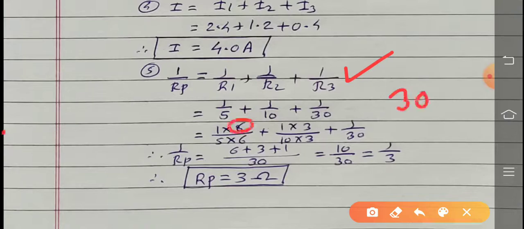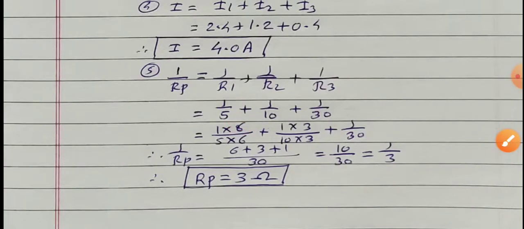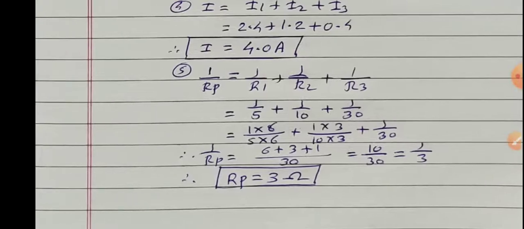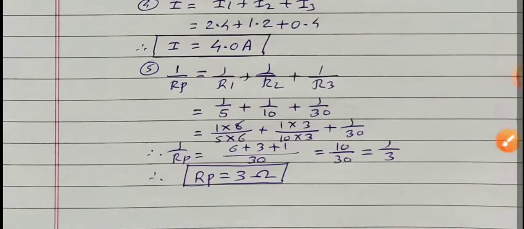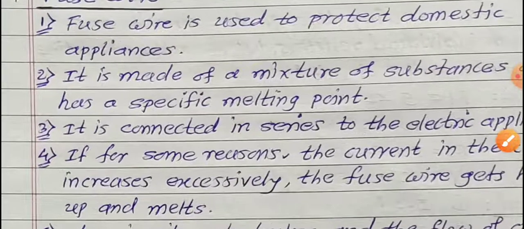And at the last, 30 is already given here. So 1 upon Rp equal to 6 plus 3 plus 1 upon 30, so 10 upon 30. So we do the cross multiplication and inverted operation. We get the answer 3 ohm. So in this way we are solving the numerical problems.